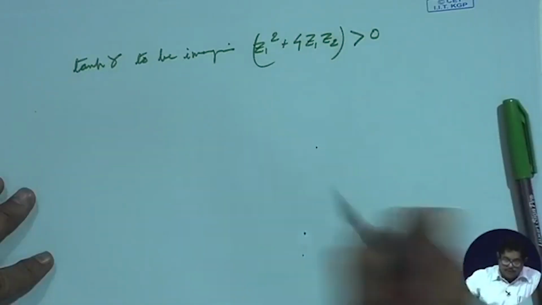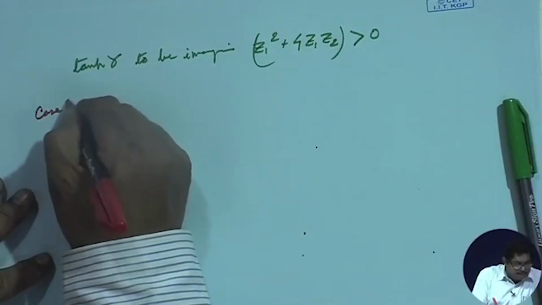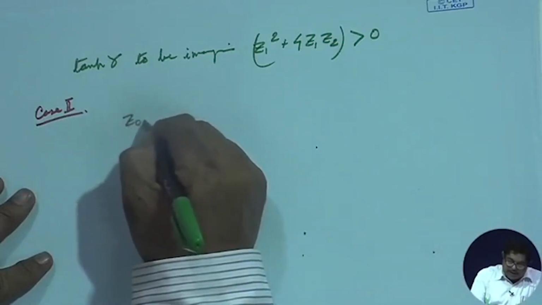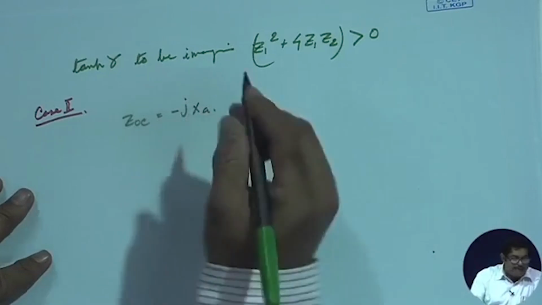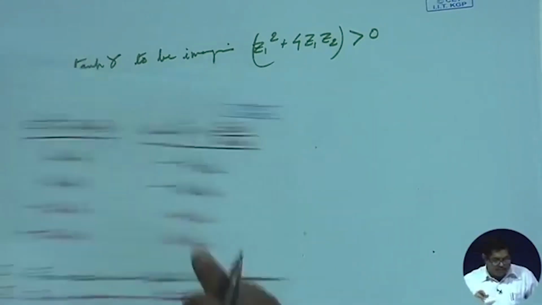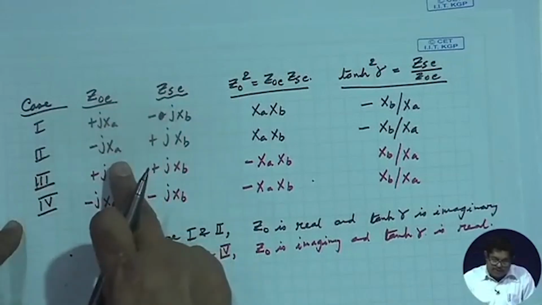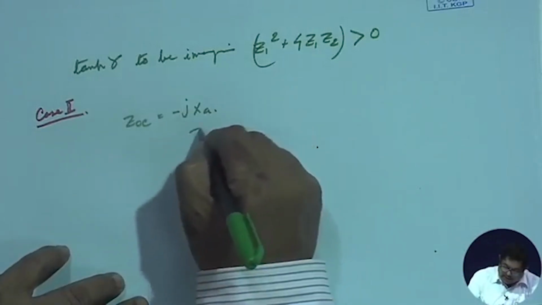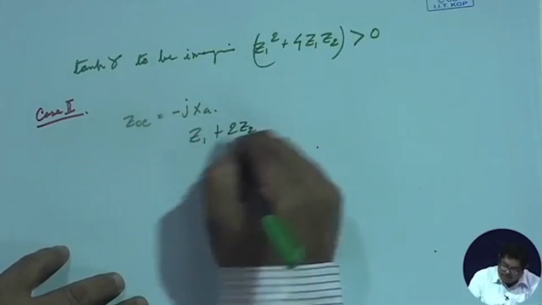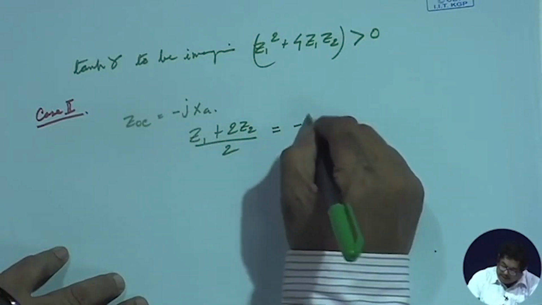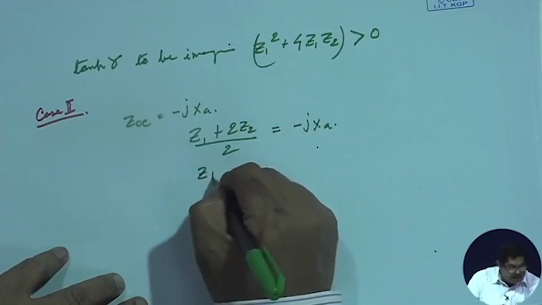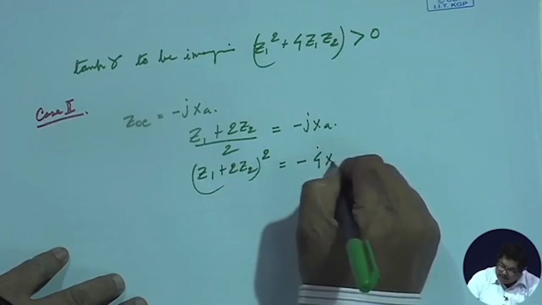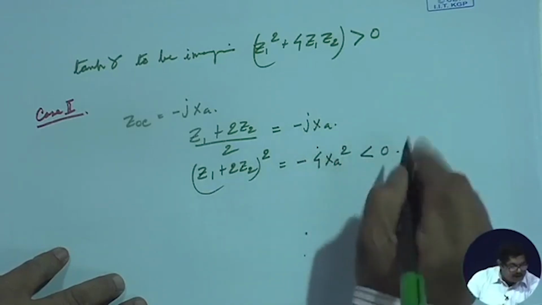Let us see case 2. There we have seen ZOC is minus JXA, ZSC is plus JXB. With this, Z1 plus 2Z2 by 2 becomes minus JXA. The square of this, (2Z2) square, is again minus 4x square, again less than 0.